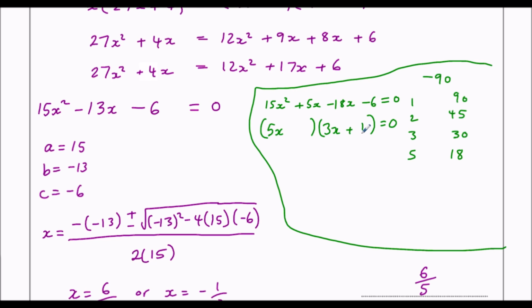That's a 1. Something times 3x is negative 18x. 3 times a negative 6 will be a negative 18. And negative 6 times 1 is negative 6. So then either my first bracket is 0 or my second bracket is 0. And then that will give me the same answers, 6/5 and minus 1/3.